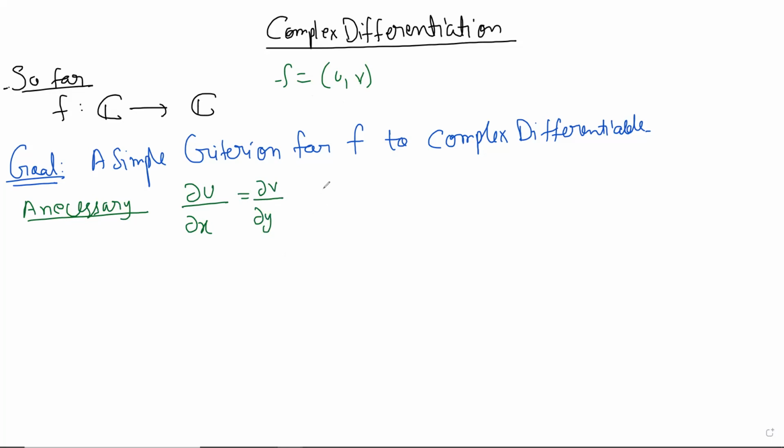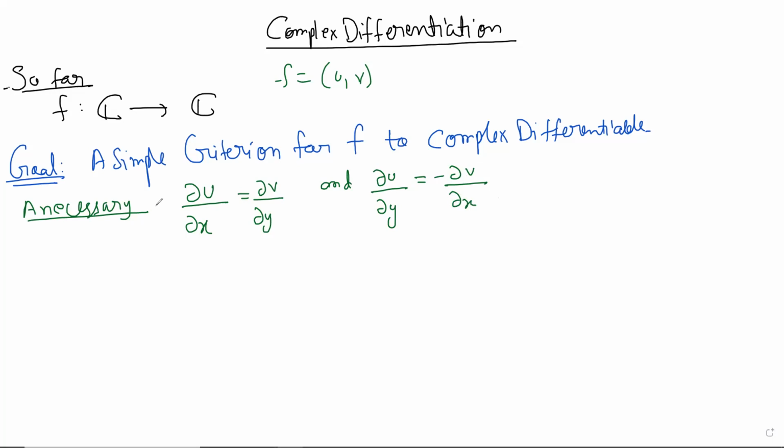And this is not the only one. This is equal to u_y, and the second function v with respect to x, negative. Okay, so do we remember this?